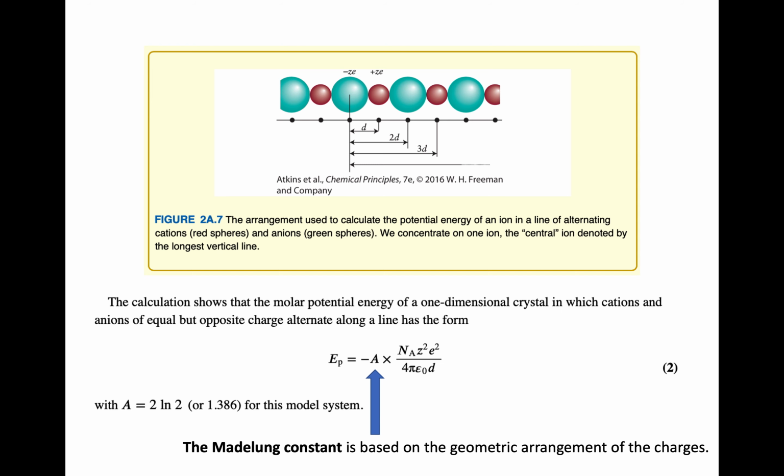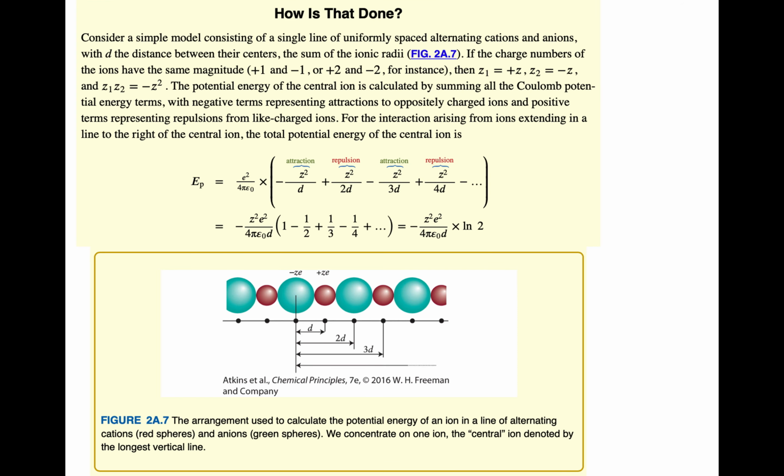And in this case, it's a one-dimensional crystal. He shows a little bit of how you can calculate this, how you derive that, or as he says, how this is done, where you have these alternating attraction, then repulsion, then attractions, repulsions for this model system right here. It ends up having this series that's ln of 2, and it gets doubled because he wants to think about it both going in the left and the right directions.